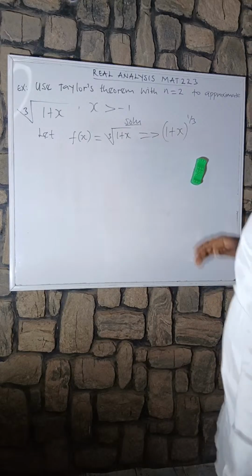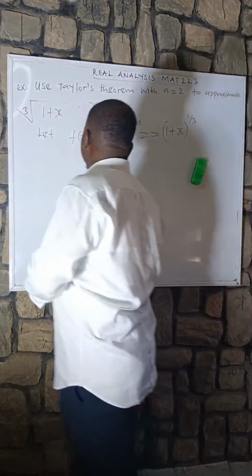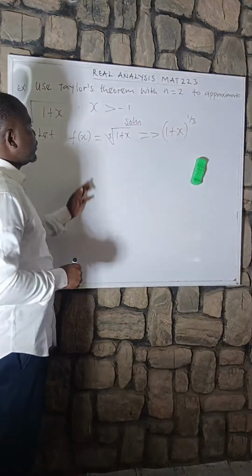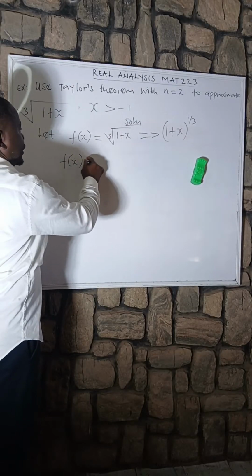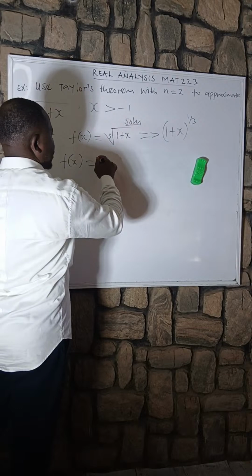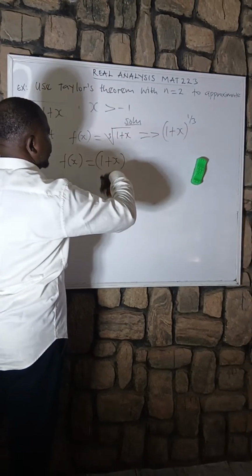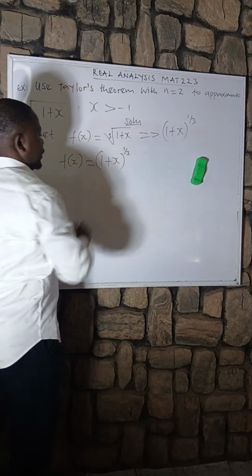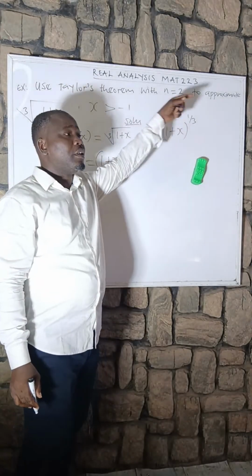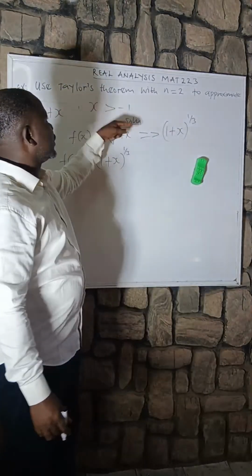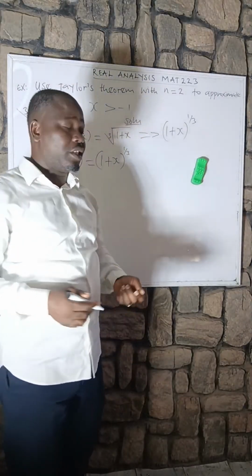So as you can see now, what we need to do is differentiate this function. It means our f of x equals (1 plus x) raised to the power of 1 all over 3, right? Then they said with n equals what? Since it is Taylor's theorem, we are just going to differentiate this function.